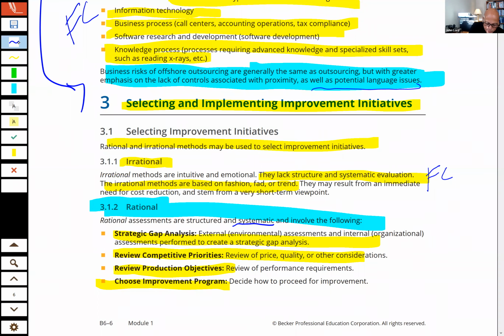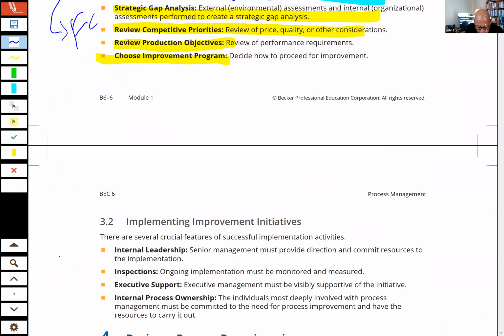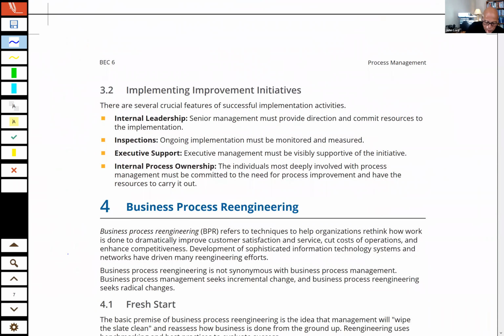And once you flashcard what we're calling the more rational, systematic approach versus the irrational, more knee-jerk approach, right? Okay, so you come over and take a look at implementing improvement initiatives, and there are several crucial features we absolutely need. We have to have internal leadership, okay?